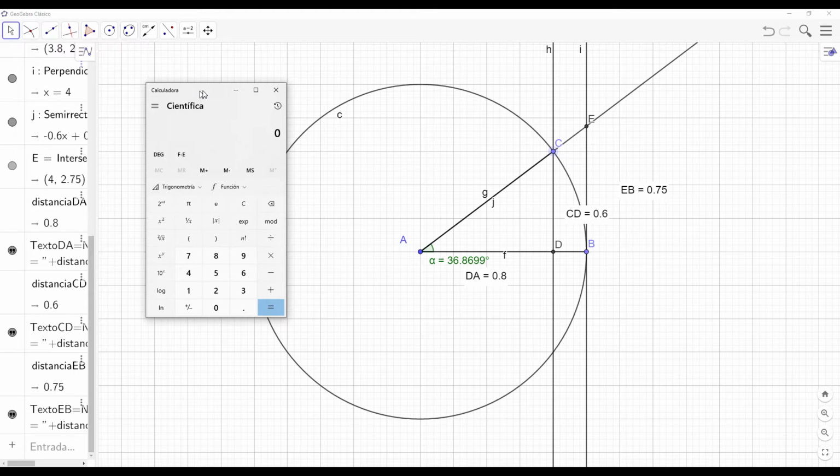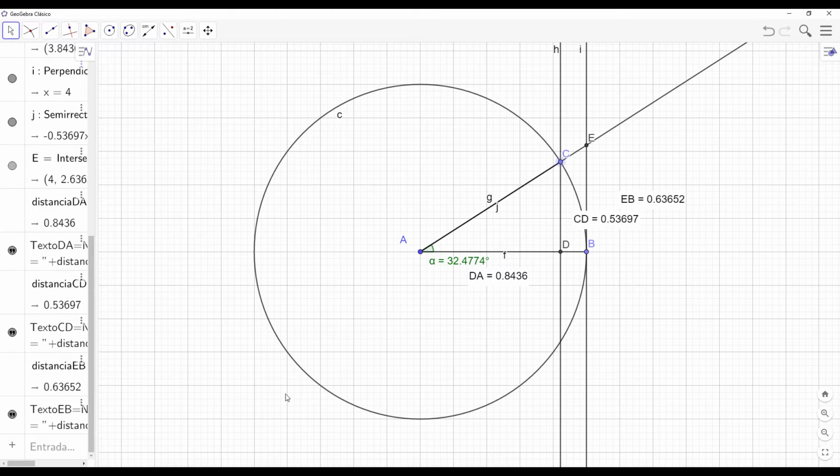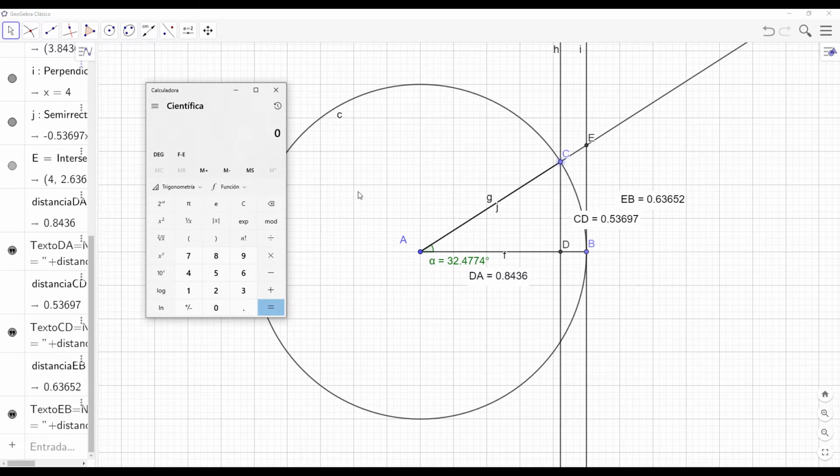For example, here, let me move. Okay, if you check here, this is an angle and this is a right triangle. Why? Because you need to remember the trigonometric functions are used in right triangles.